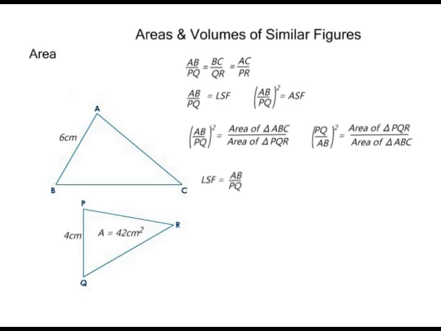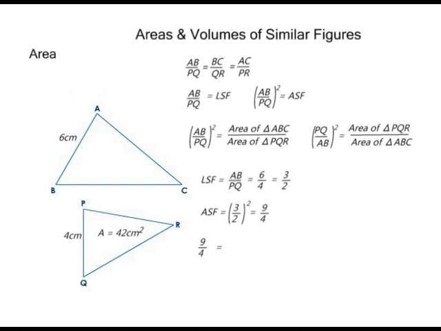Linear scale factor is equal to AB over PQ, which is equal to 6 over 4, and that is equal to 3 over 2. Area scale factor is equal to the linear scale factor squared. 3 over 2 squared is equal to 9 over 4. Now in our linear scale factor, we used AB over PQ, and so in the area, we also maintain the ratio: triangle ABC over triangle PQR.